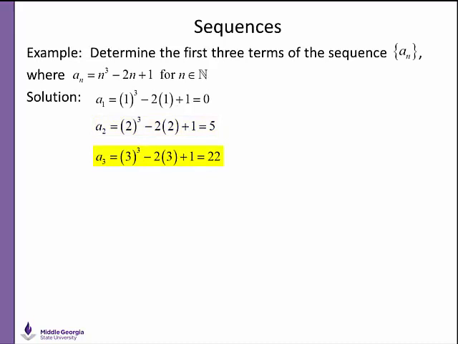And the third term is a sub 3, which is replacing every n by 3. 3 cubed is 27, minus 2 times 3, which is 6. 27 minus 6 is 21, plus 1 equals 22. A sub 3 equals 22. So the first three terms are 0, 5, and 22.